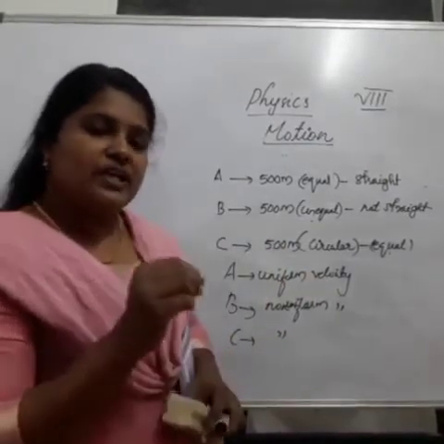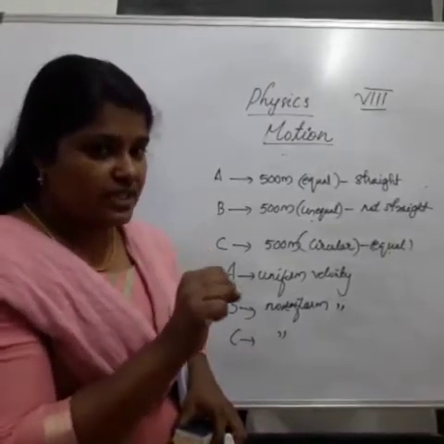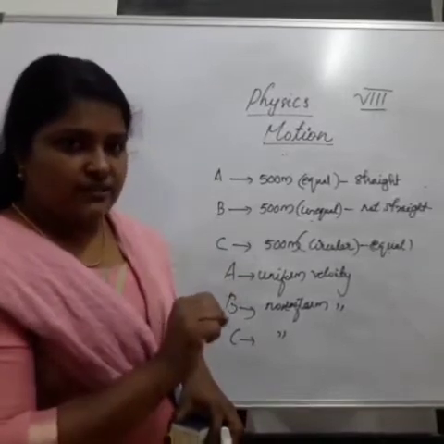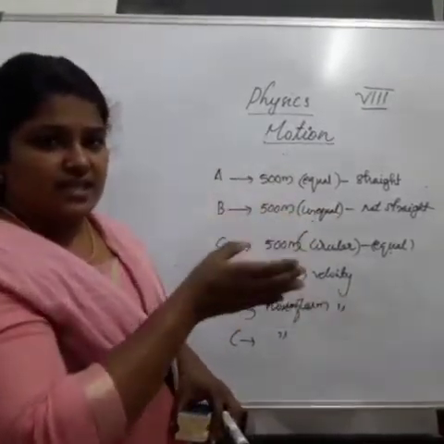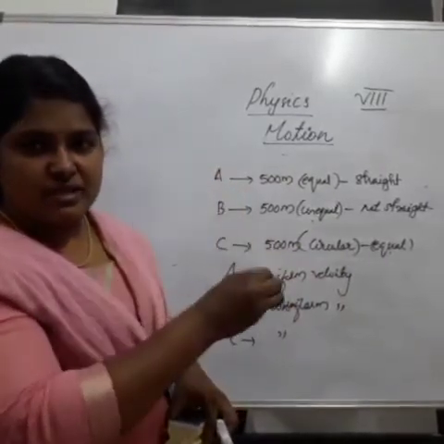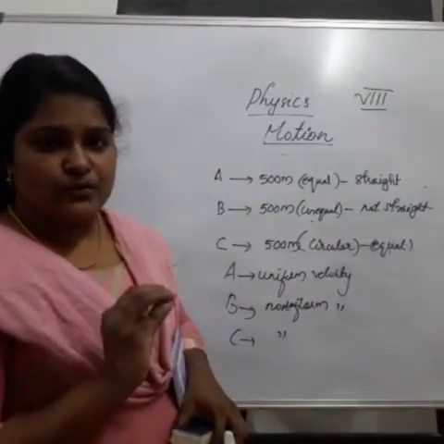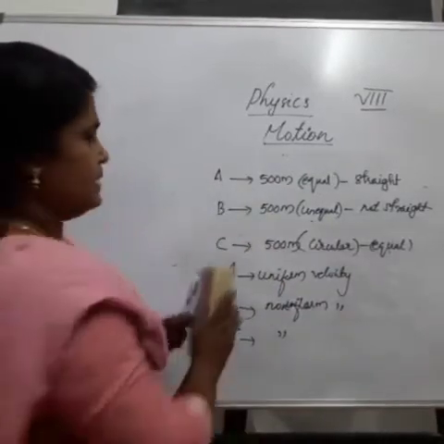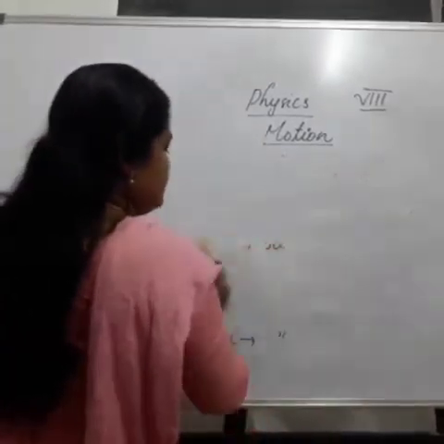So a body is said to be in uniform velocity if it covers equal displacement in equal intervals of time along a straight line. There is no direction change. If either the direction or the value of the displacement changes, the body is said to be in non-uniform velocity.